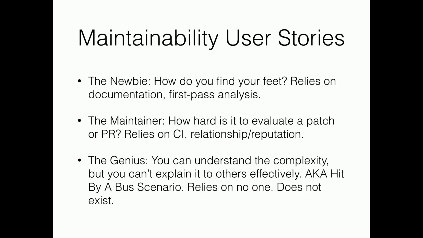And then there's the genius who can understand everything but can't explain it effectively. Or this is the hit by the bus scenario. If someone in your project knows everything and they're hit by a bus, the project kind of is done. It relies on no one, and this person does not exist or shouldn't.